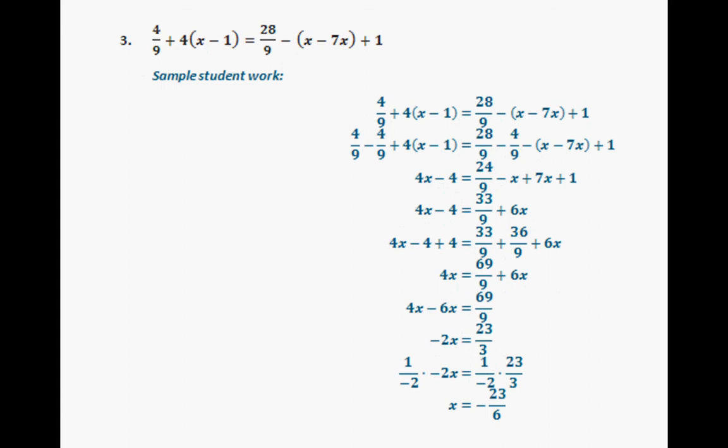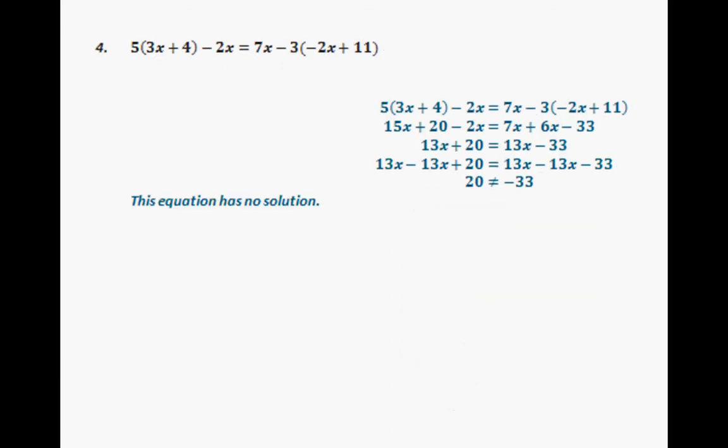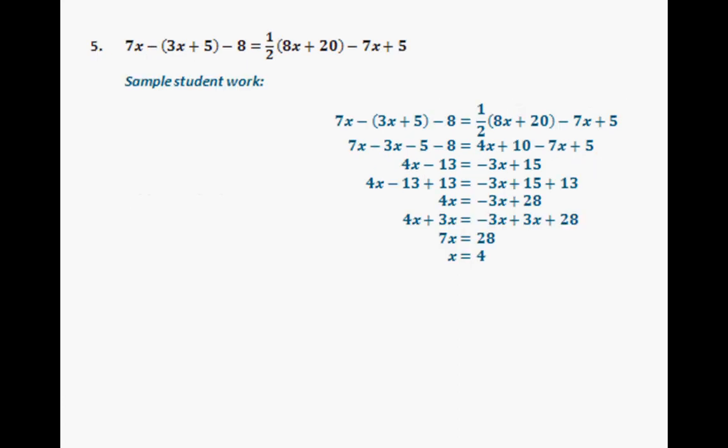And again, for any of these, please make sure you write down any questions if there's something that is confusing or doesn't make sense to you. And for number 4, there is no solution. You should have ended up with 20 is not equal to -33. And for number 5, the solution is x equals 4.